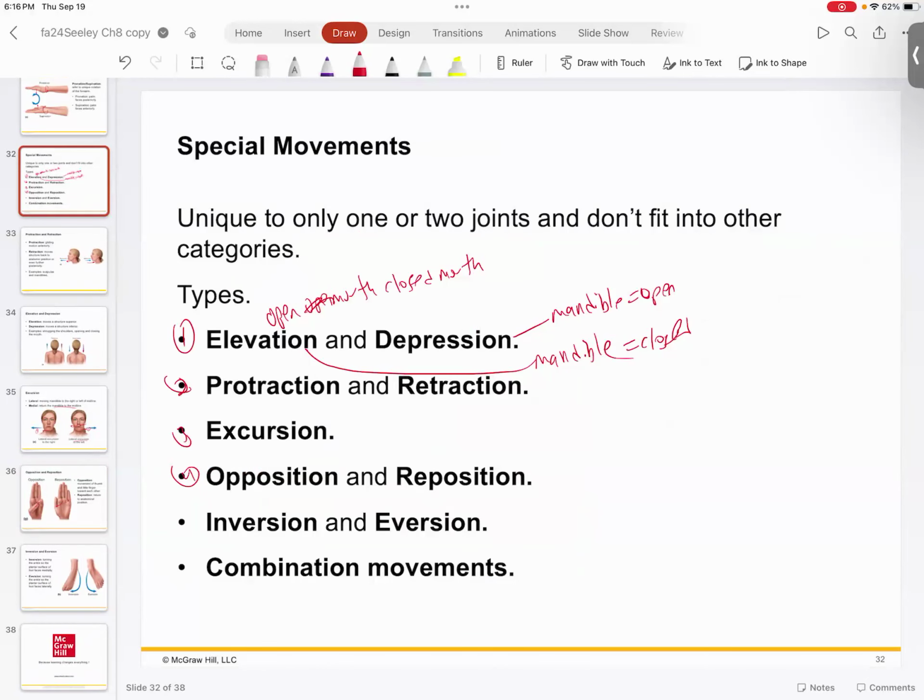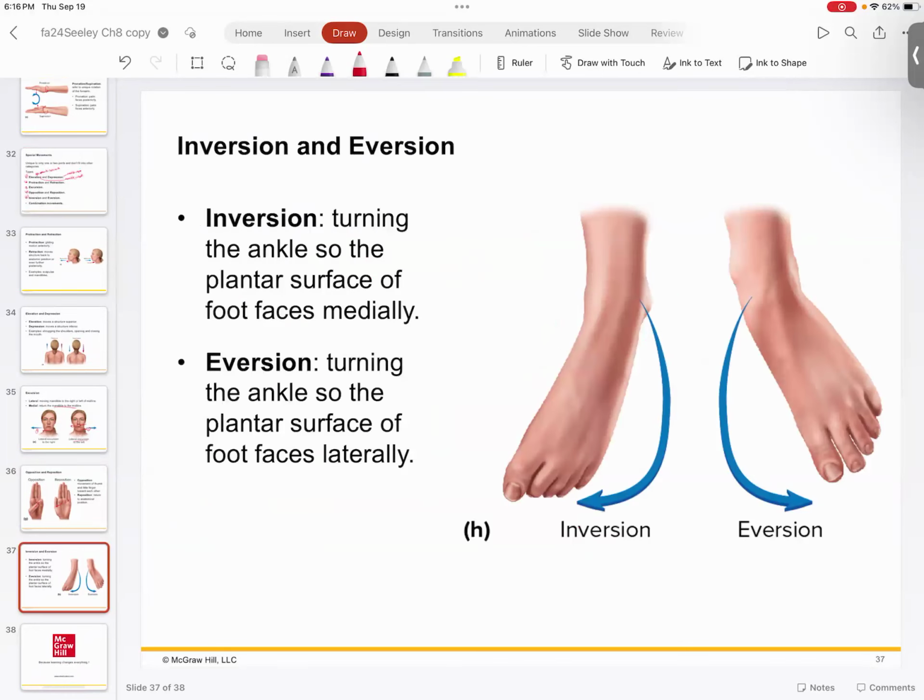And then inversion, eversion is the foot. So if you have an inversion of the foot, it's basically where the sole of your foot points inward toward the midline.